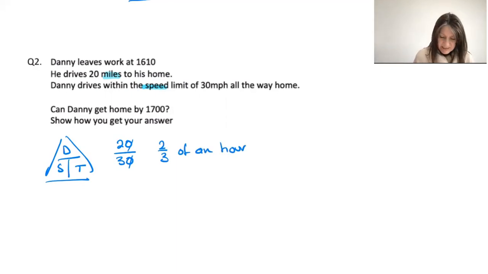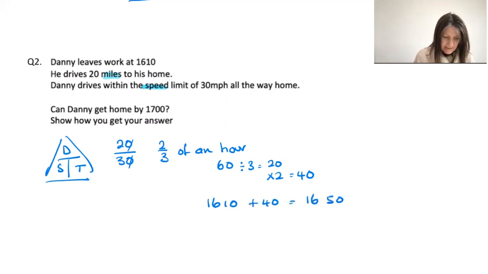If we split our 60 minutes up into 3, we get 20. And when we times that by 2, we get 40. That's just one way to do it. If I add 40 minutes to the 16:10 when I left, plus the 40 minutes, I'm at 16:50. So yes, he can get home by 1700 hours.